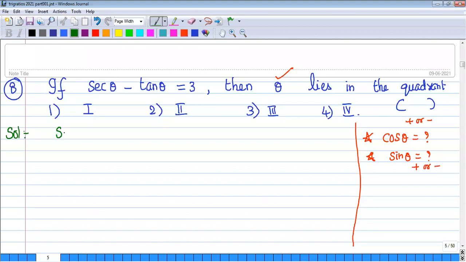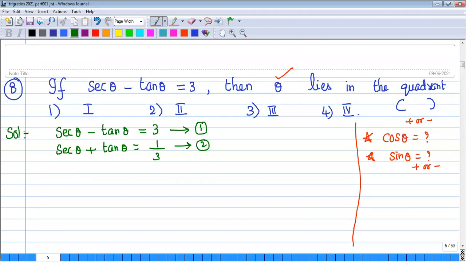I'm writing directly. Sec theta minus tan theta is given as 3, equation 1. So directly we can write sec theta plus tan theta is the reciprocal of sec theta minus tan theta, that is 1 upon 3. First adding, directly adding, tan cancels. 2 sec theta is equal to 10 by 3.